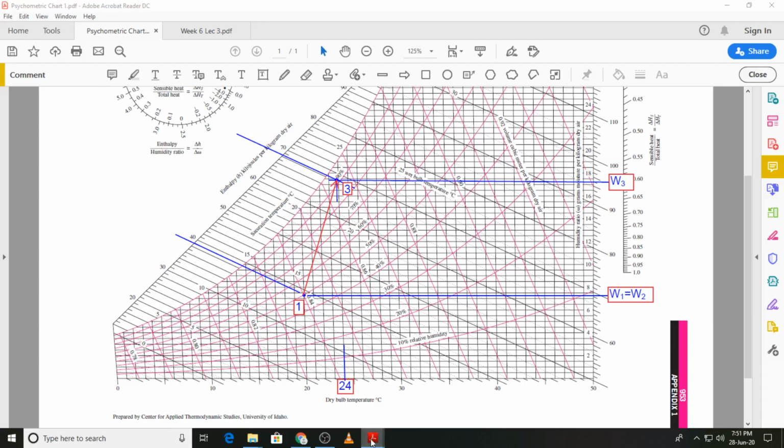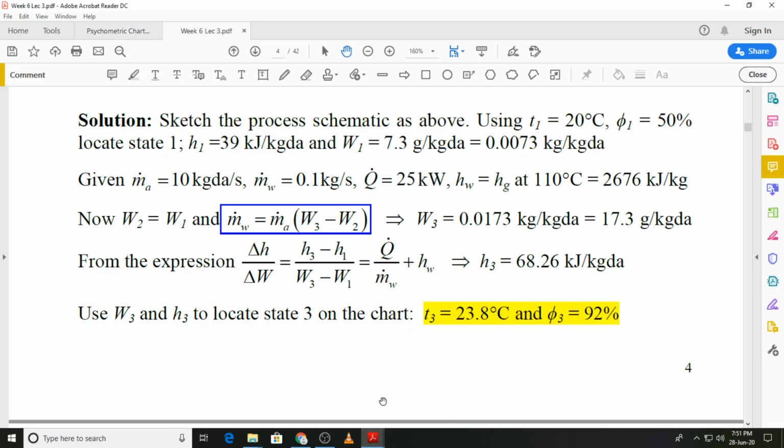We can use the resulting equation that we had obtained, that is delta H by delta W, in which if you look at the equation, H1 is worked out, so is W1, W3 has also been worked out, Q dot is given to us, and m dot w is also given to us.